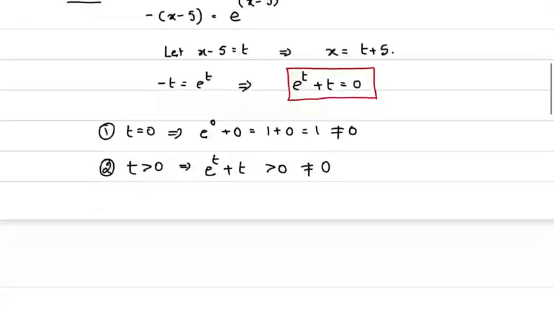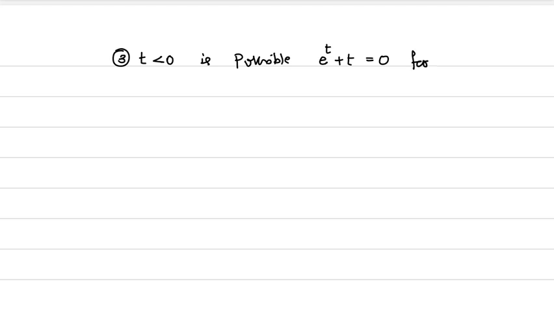Then what is the other possibility? The other possibility is t is less than 0. It is possible because e to the power of t plus t can be equal to 0 for some t. That means the solution is t is negative.